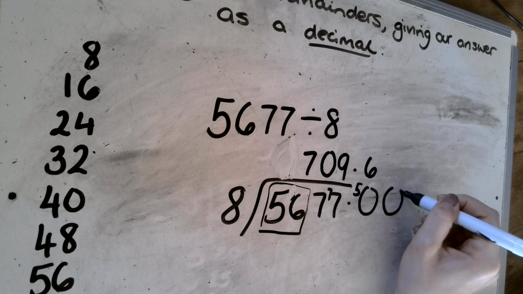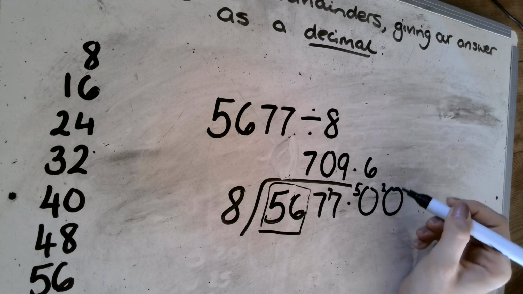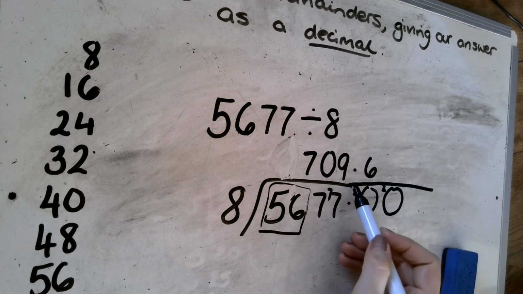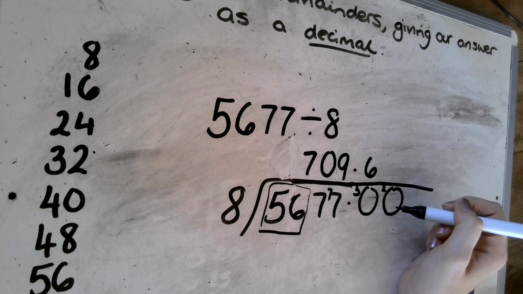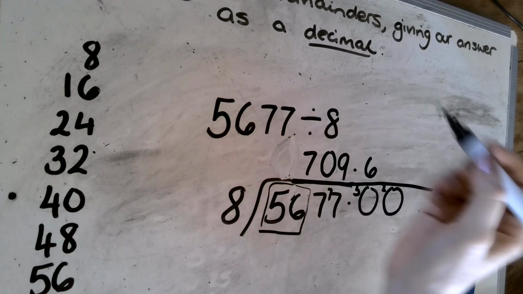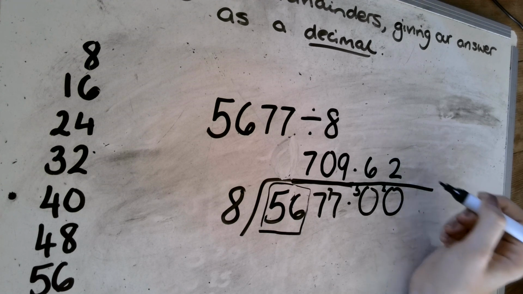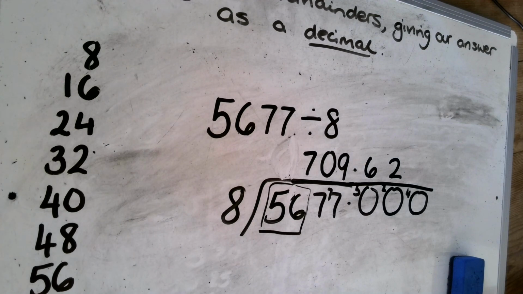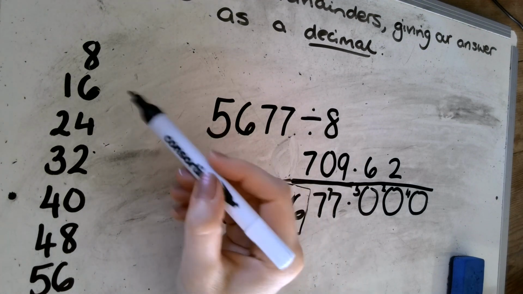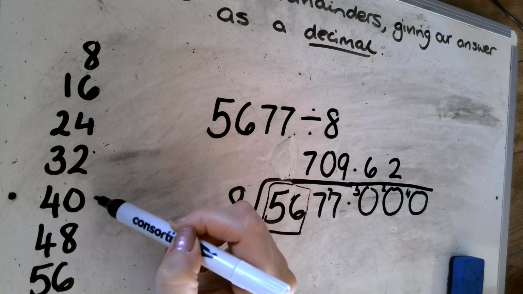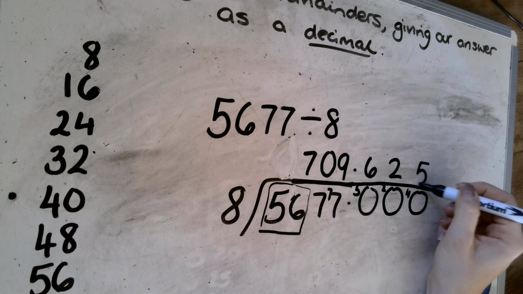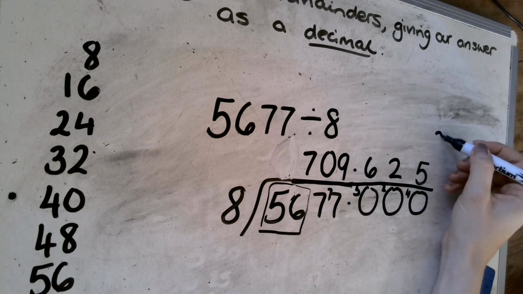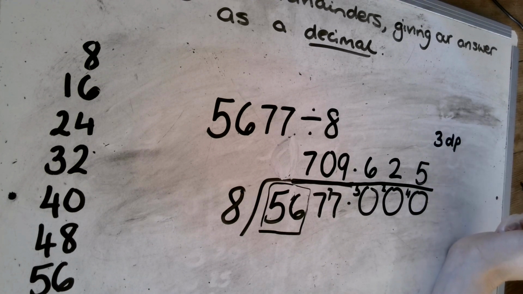Remainder 2. So I'm going to draw another 0 and write my remainder here. Oh, I'm just going to carry on my bus stop. Should maybe draw those longer at the beginning, shouldn't I? 20 divided by 8 is 2. Oh, it's still going. And another 0. This time my remainder is 4. 40 divided by 8. 1, 2, 3, 4, 5 times 8 is 40. So this time my answer is a number that has 3 decimal places.